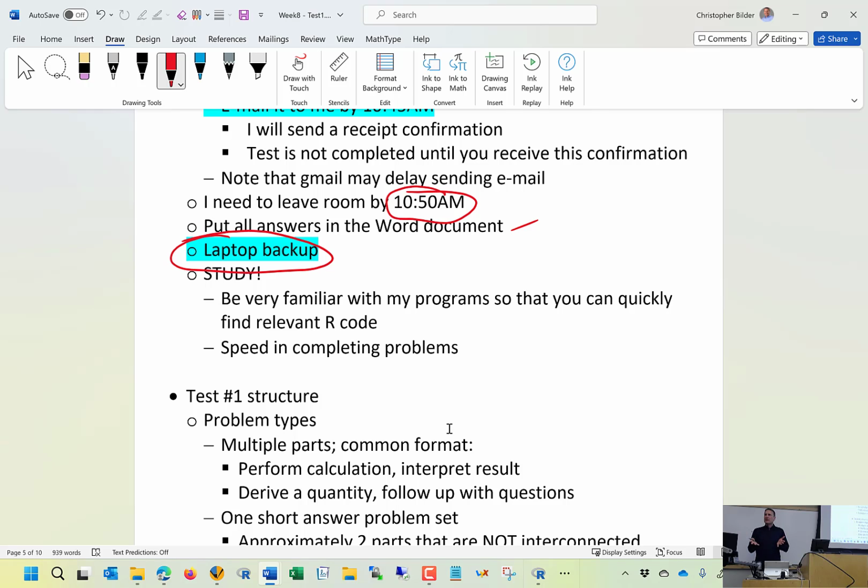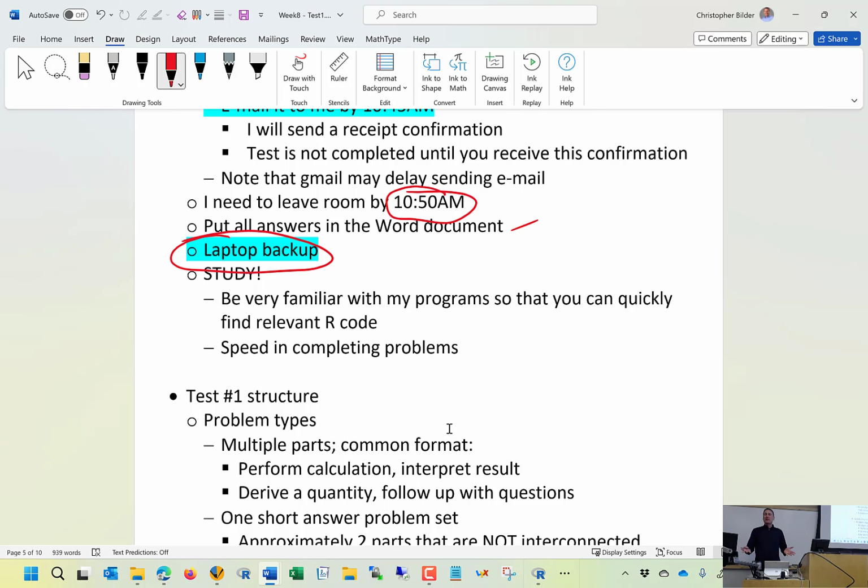They make the changes, and then when I get here on Thursday morning, I find out some of the changes that they made totally screwed up the computer. That's a fear. Maybe I'm just too much of a cautious person, but I do recommend that you bring a laptop if you have one available to you.